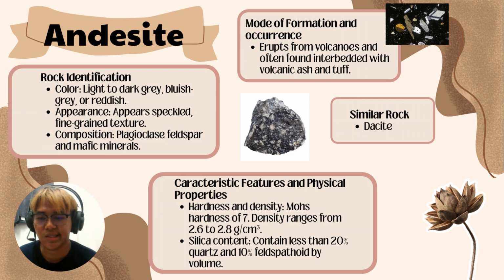For the characteristic features and physical properties, the hardness and density: andesite is a hard rock with a Mohs hardness of 7, and its density ranges from 2.6 to 2.8 grams per cubic centimeter.